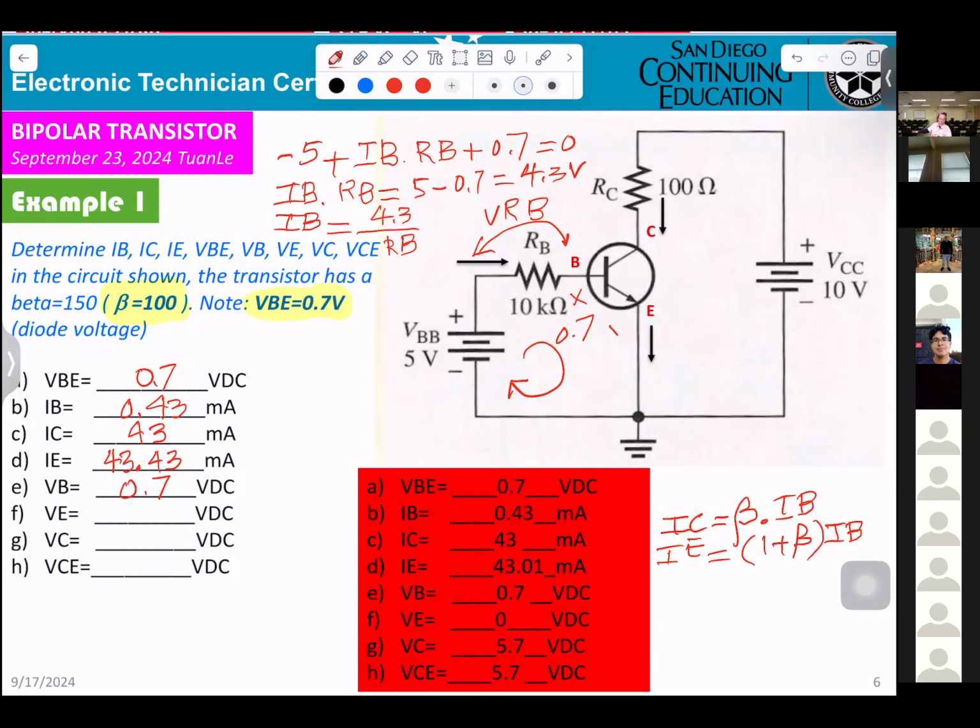If you do not agree with me, let me know. And then they want VE right here. That means from here to ground. Basically, VE is 0 volt. Correct?